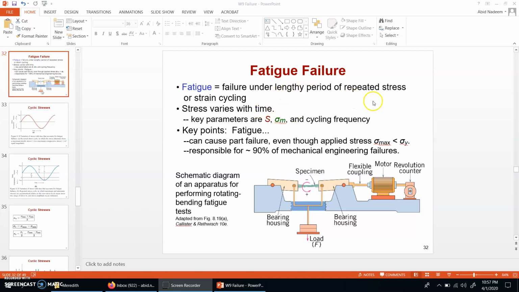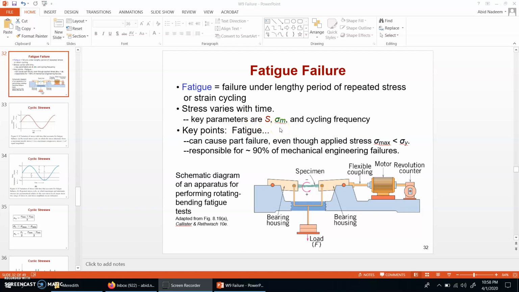So we can model these stress cycles in a number of ways that we will see later on. When we model these stresses in the case of fatigue loading, we assume that the stress varies with time, and then we assume a certain type of variation of the stress with time.